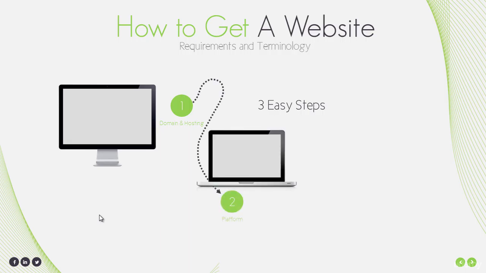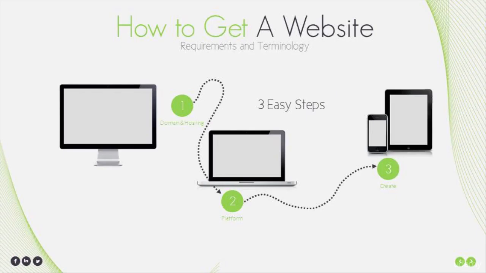Next up is the platform. In our case, that's going to be WordPress. WordPress is the software that is basically going to run our website. It's going to control how the website looks, and it's going to control how the website behaves. Then lastly, we actually create the website. So these are the three main components to this somewhat technical task of creating a website.